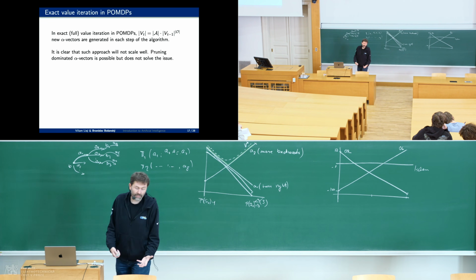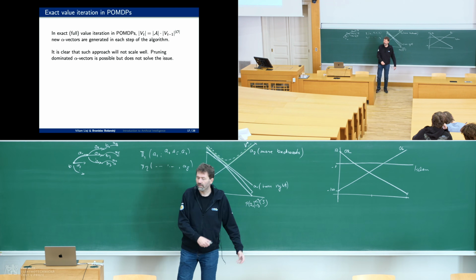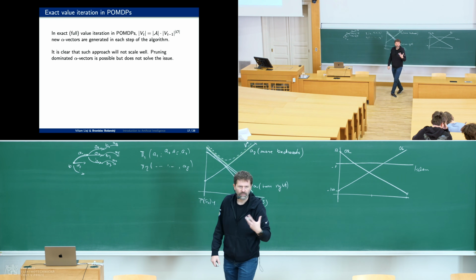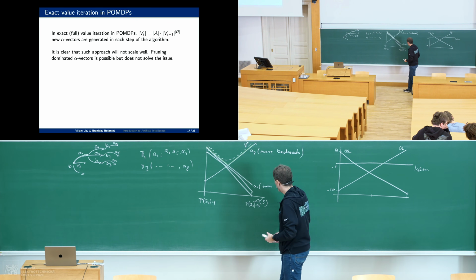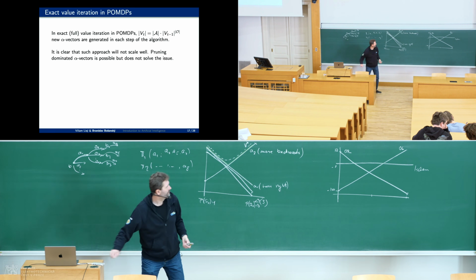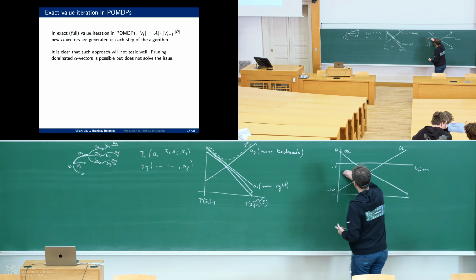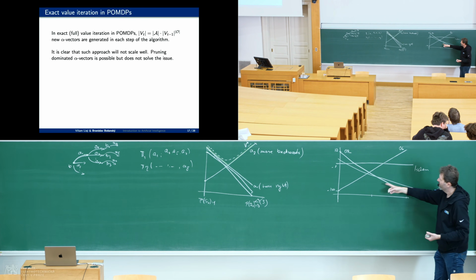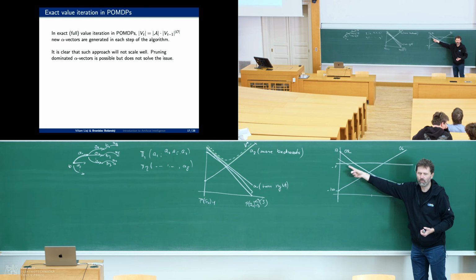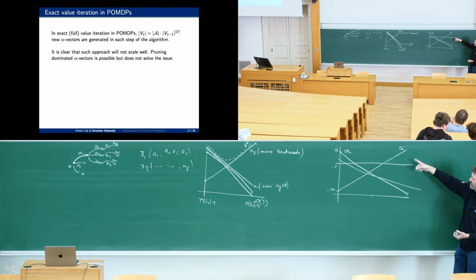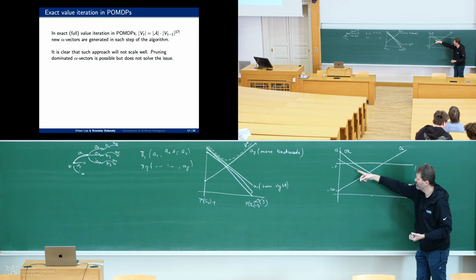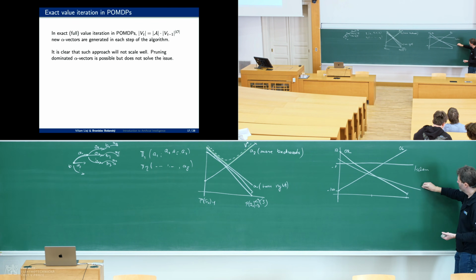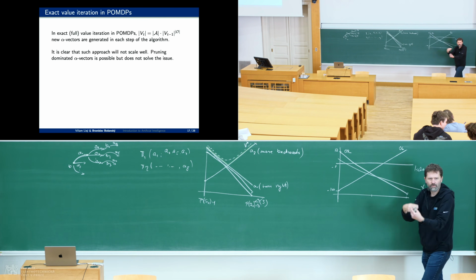So what we can do is prune out some of the alpha vectors that are dominated, and this is what will happen in your case. If we have an alpha vector that looks like this, then it's not the best one at any belief point. There is no belief point for which this alpha vector is the best one, so we can remove these alpha vectors. We don't have to add them.